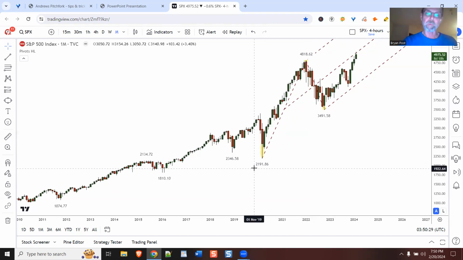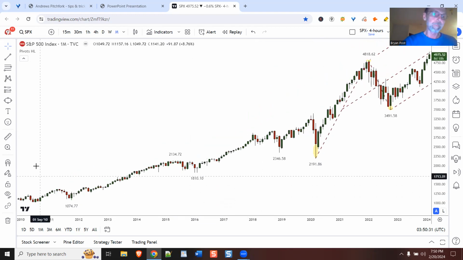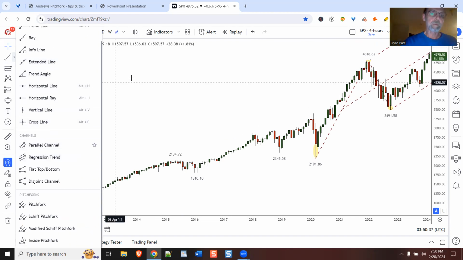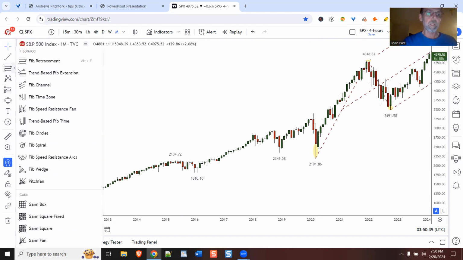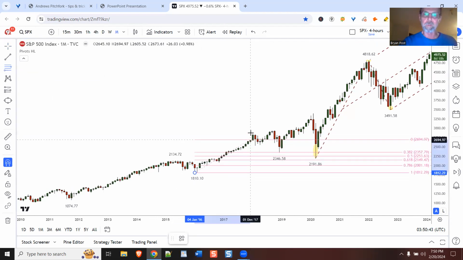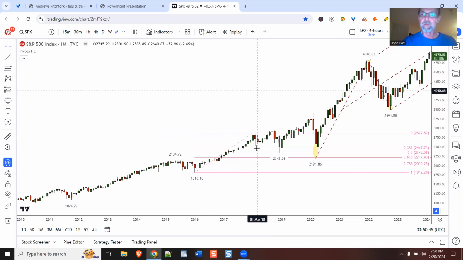You know, some people will go in and they'll just, let me turn the magnet on, and they'll apply, for example, a fib retracement. And then they'll say, well, price didn't reach the 38% retracement.